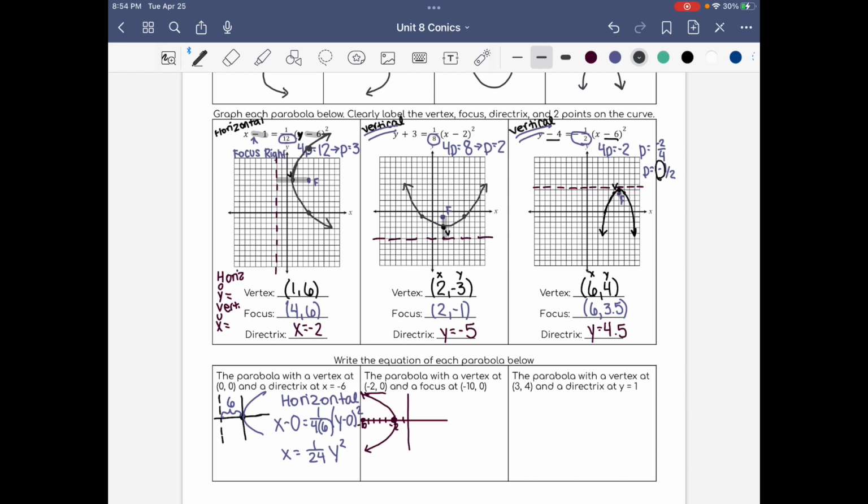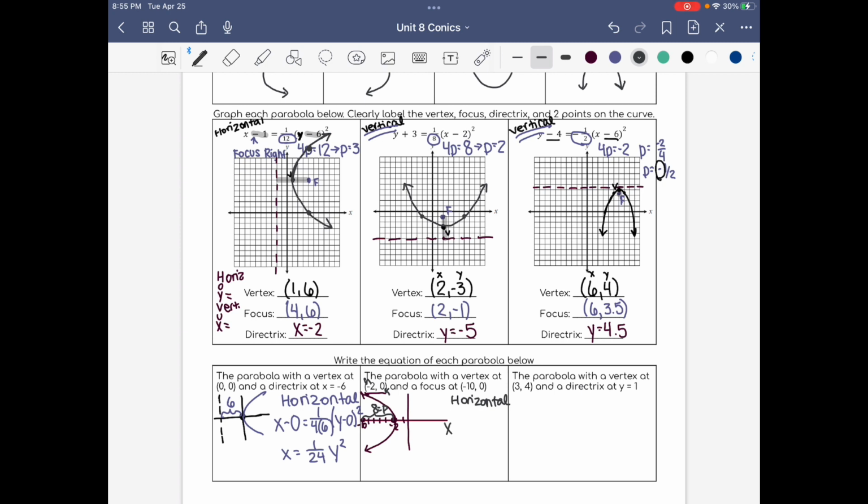Before I write the equation, I'm going to note that if I start at -2 and I go to -10, my distance is 8. So that is going to be P. -2 is going to be the h. 0 is going to be the k. And since this is going side to side, it is going to be another horizontal.